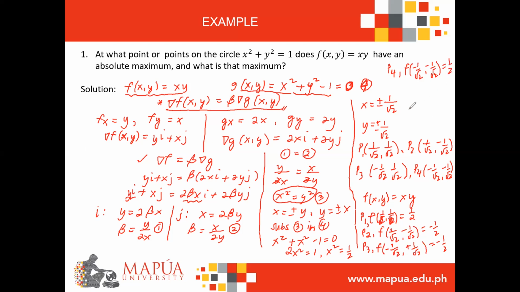So the two points give us the maximum value of 1/2. So this is the final answer. The final answer is 1/2 is the maximum value at the given points P1 and P4. So this is how we solve for this problem.